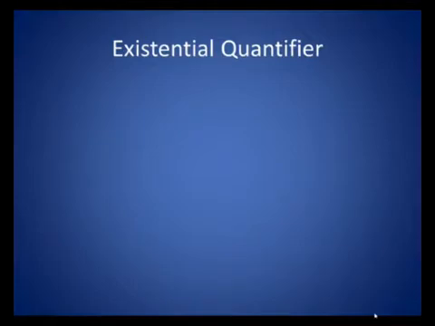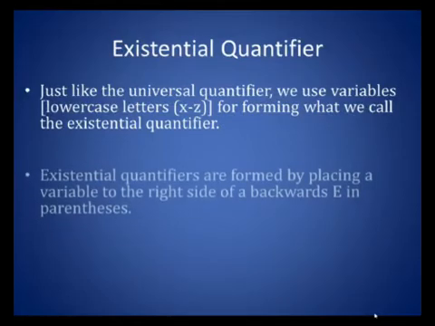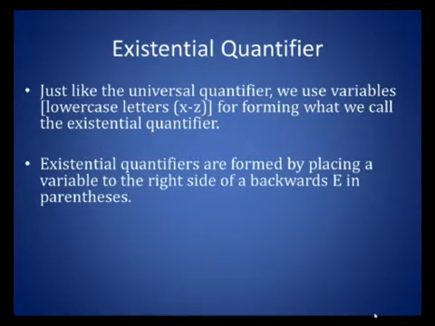First, let me introduce the existential quantifier. So just like the universal quantifier, we're going to use individual variables, which are the lowercase letters x through z, for forming what we call the existential quantifier. Now, existential quantifiers are formed by placing a variable to the right side of a backwards E in parentheses. So it'll look like this.